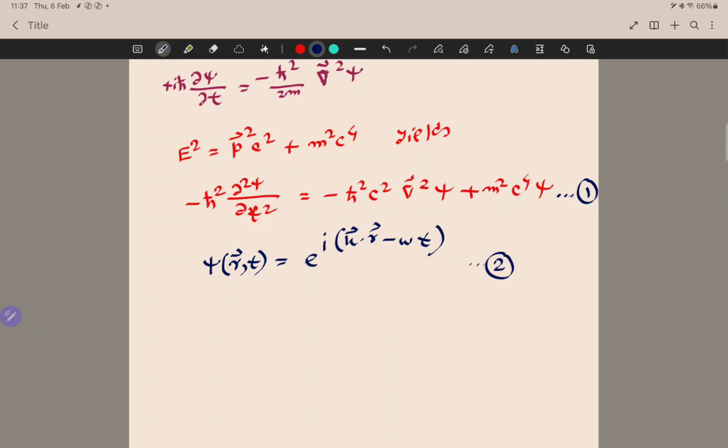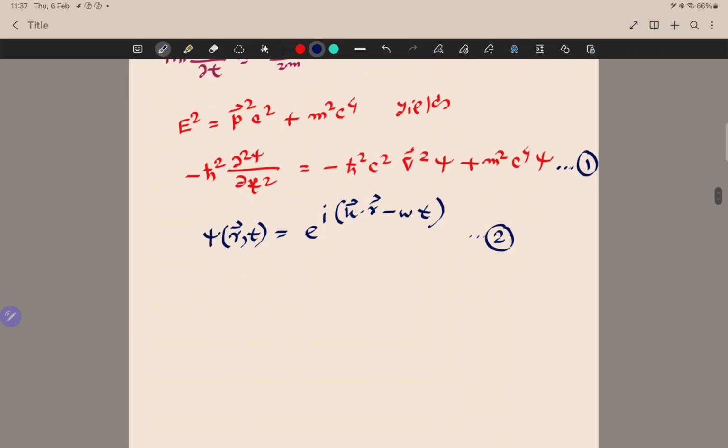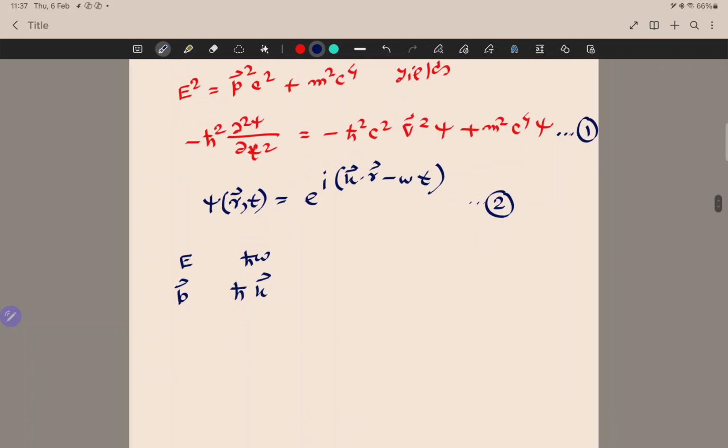This is equation 2, which is an eigenfunction of the operators E and p with the eigenvalues ħω and ħk. Then equation 1 can be written as ħω equal to plus minus root under ħ square c square k square plus m square c to the power 4.